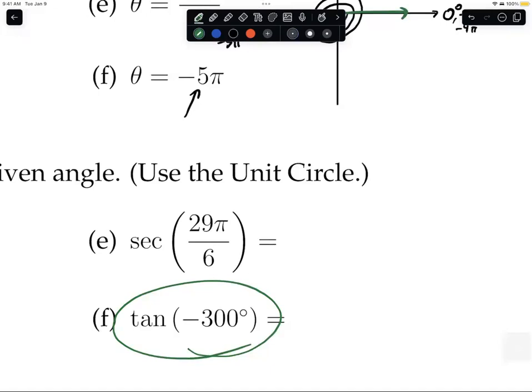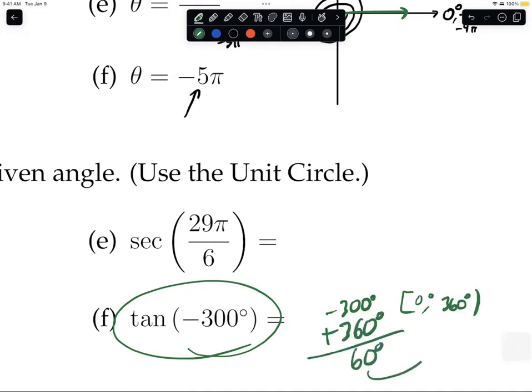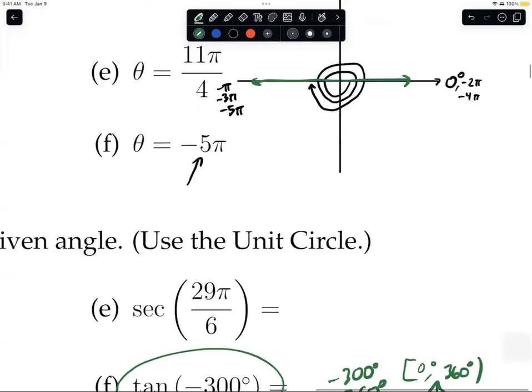We added 360 because -300 is not in the interval from 0 degrees to 360 degrees. We added a full rotation to get 60 degrees, which is between 0 and 360. So we'll do a similar thing here.